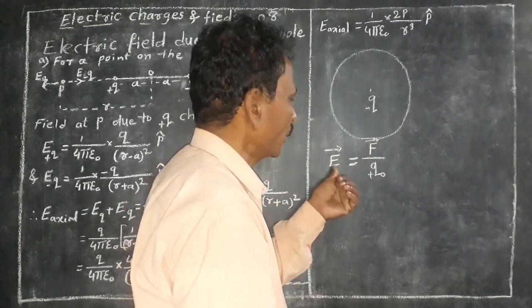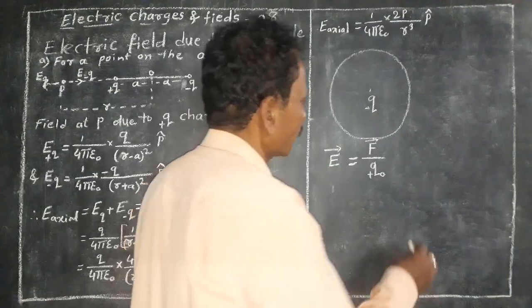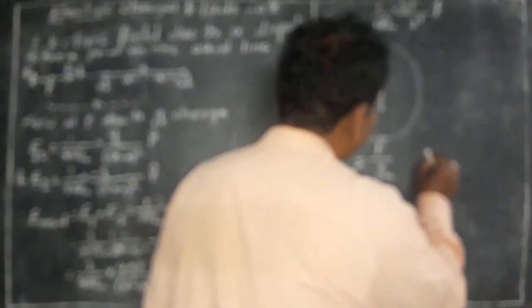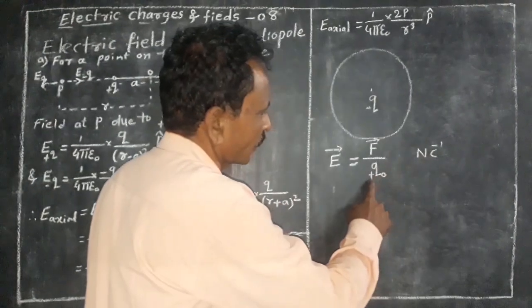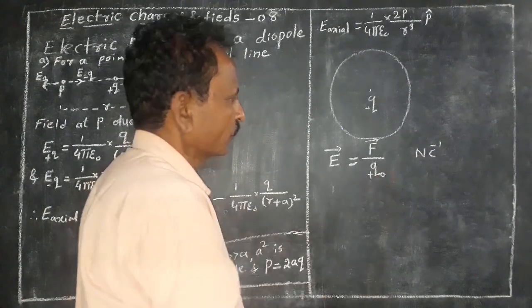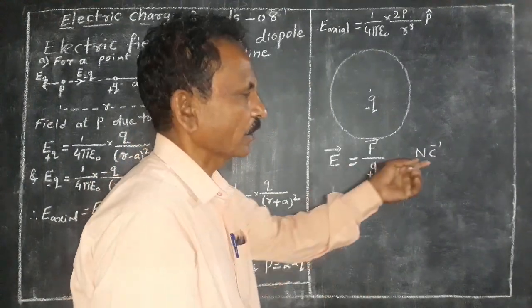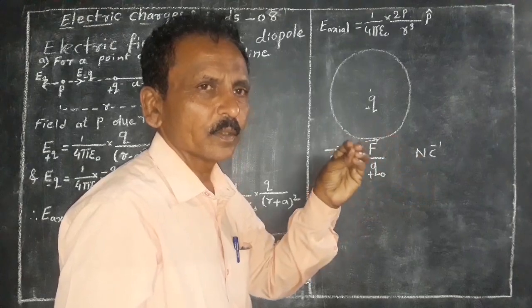Therefore, the SI unit of electric intensity is Newton per Coulomb. The SI unit of force is Newton, the SI unit of charge is Coulomb. Therefore, the SI unit of electric intensity is Newton per Coulomb.